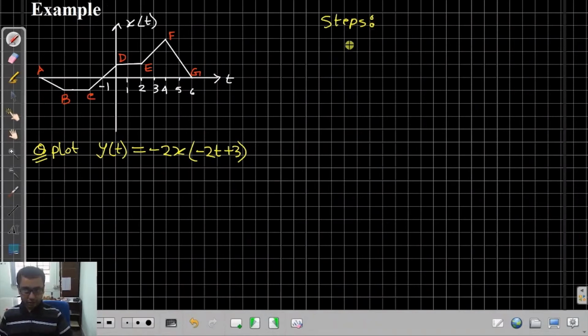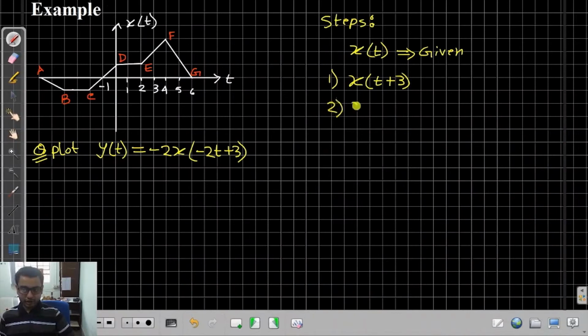So you start with the graph of x(t), which is already given. Then the first step is to draw x(t) plus 3, I mean x(t+3).